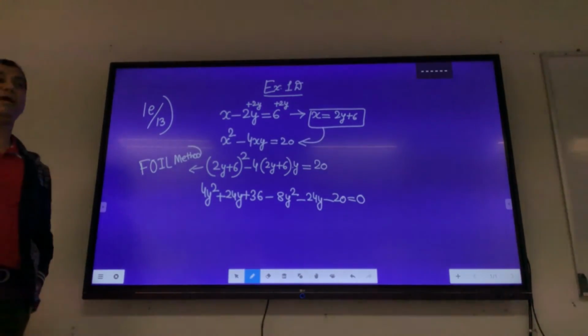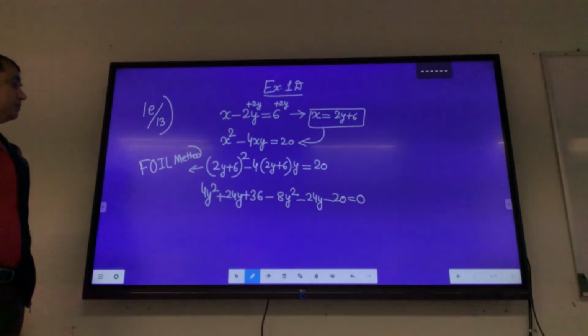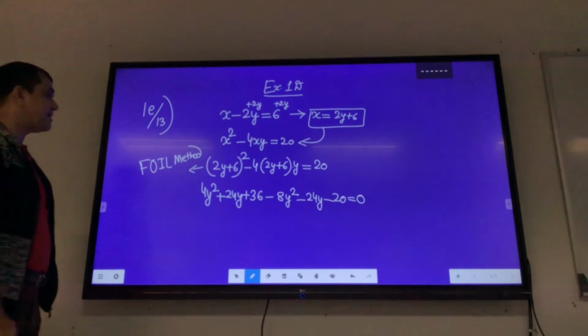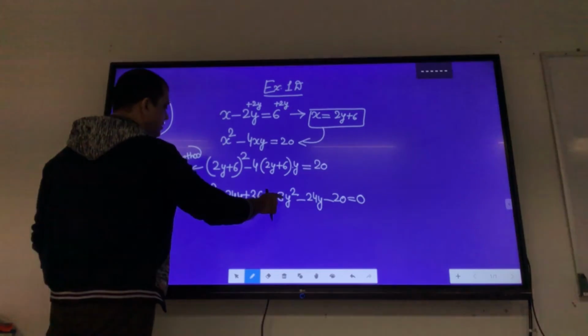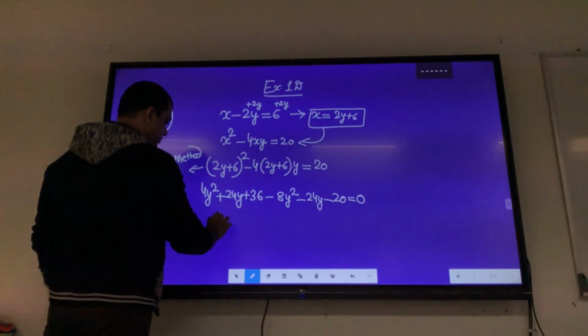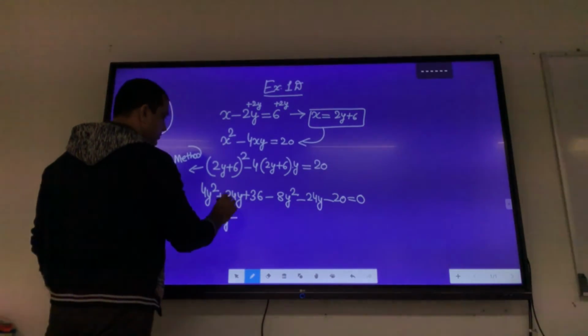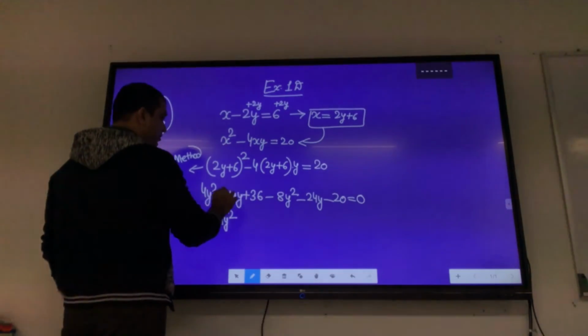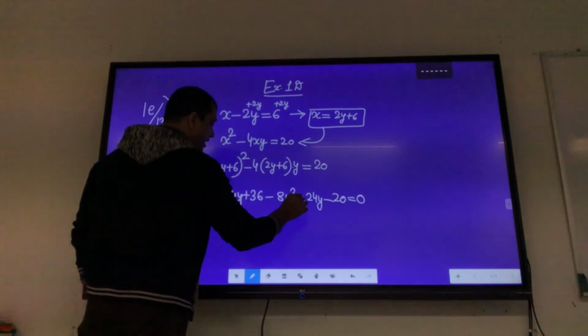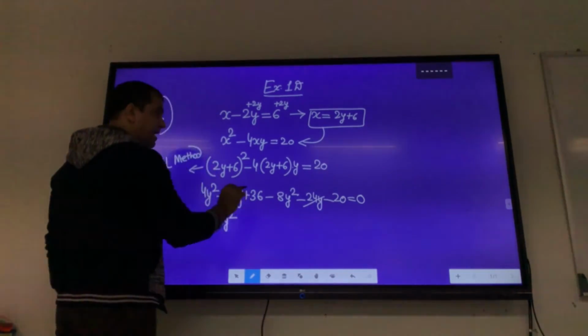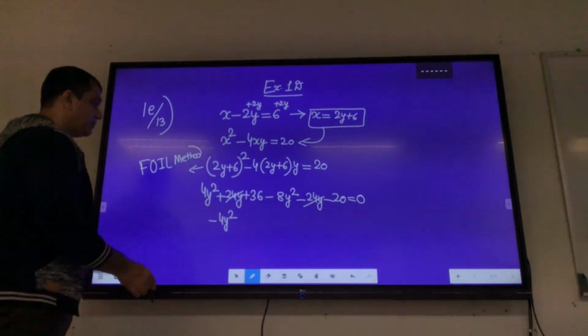So we are on the way to get one quadratic equation. 4y squared minus 8y squared is minus 4y squared. 24y minus 24y should be cancelled, 0.